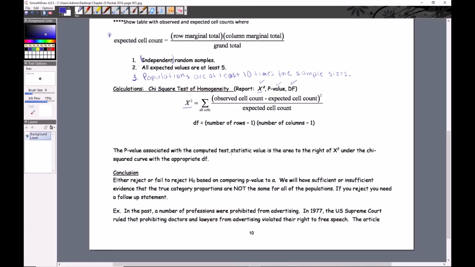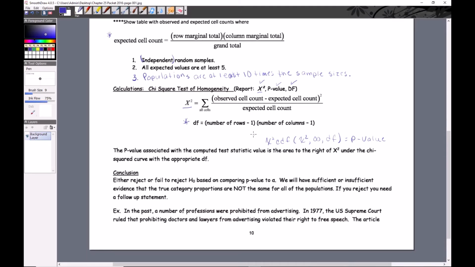The p-value would be chi-square CDF from your chi-square number to infinity with your degrees of freedom. Normally we just get the p-value from the calculator, but it is a formula you can use. And this is new also, degrees of freedom.